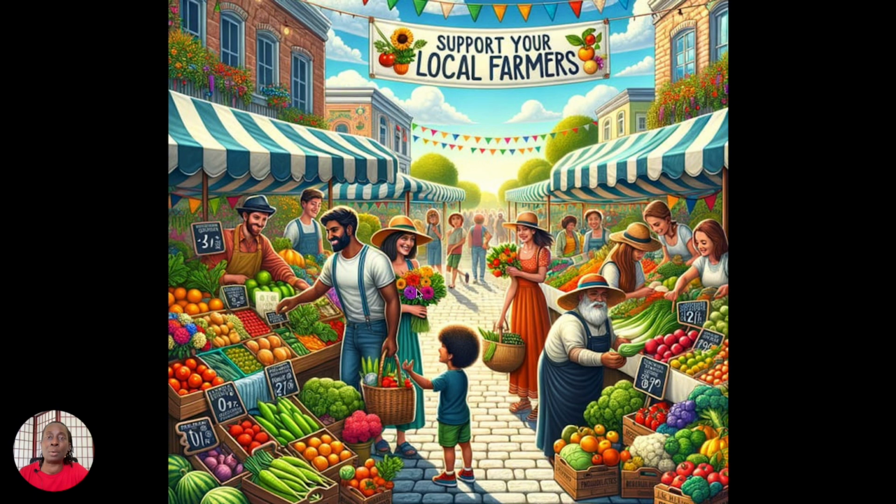Another red flower, purple, yellow, and the leaves are green. So she's carrying a bouquet of flowers. Flowers are something you can usually find in a farmer's market. They usually sell flowers.